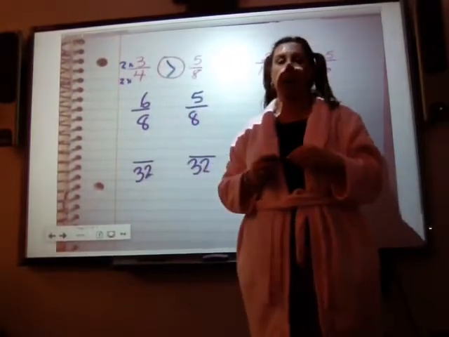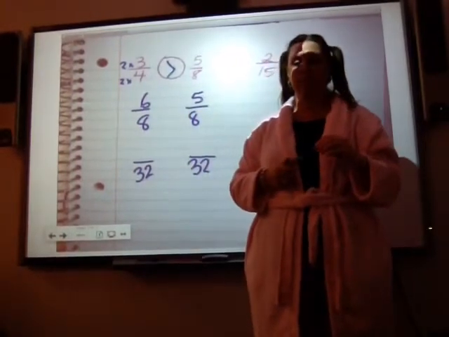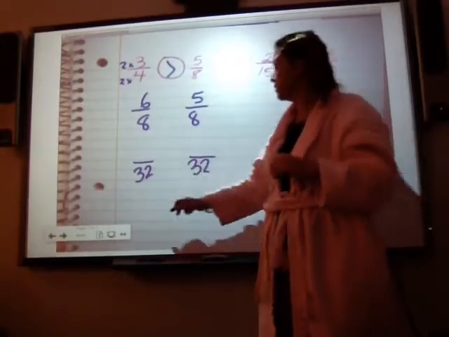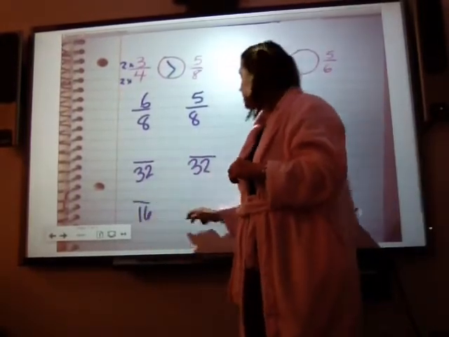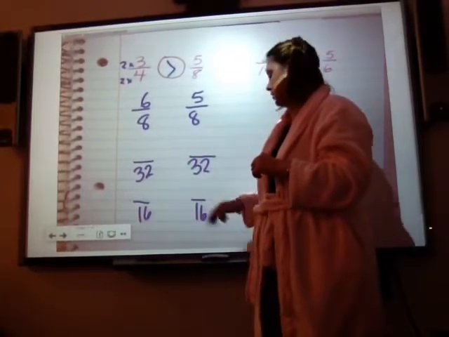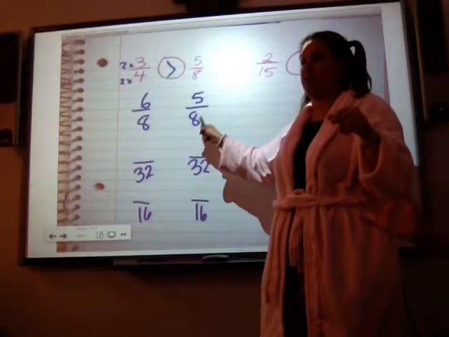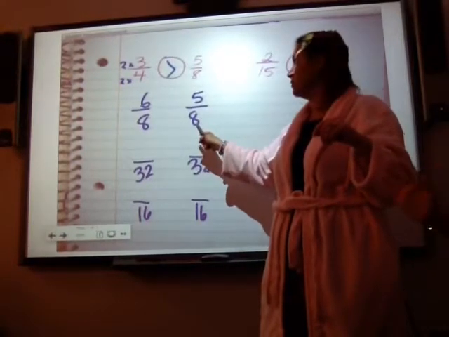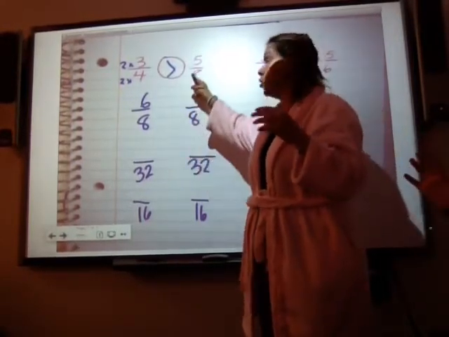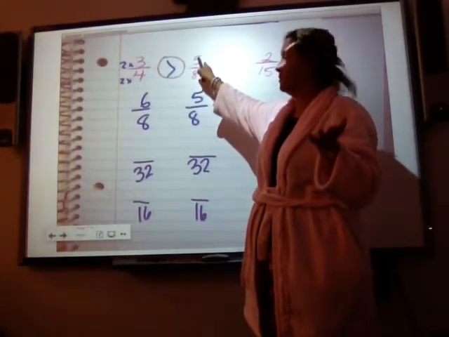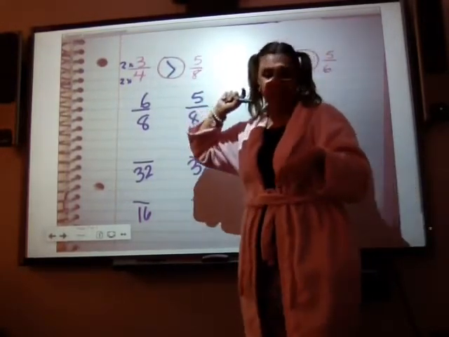Anybody know of another denominator I could have made other than 32 or 8? 16. Because 4 can make a 16 and 8 can make a 16. This is your lowest common denominator that you could have made. The smallest one. Okay? I could have tried to see, I could have made them 4, but can I divide 5 in half? No. Okay?